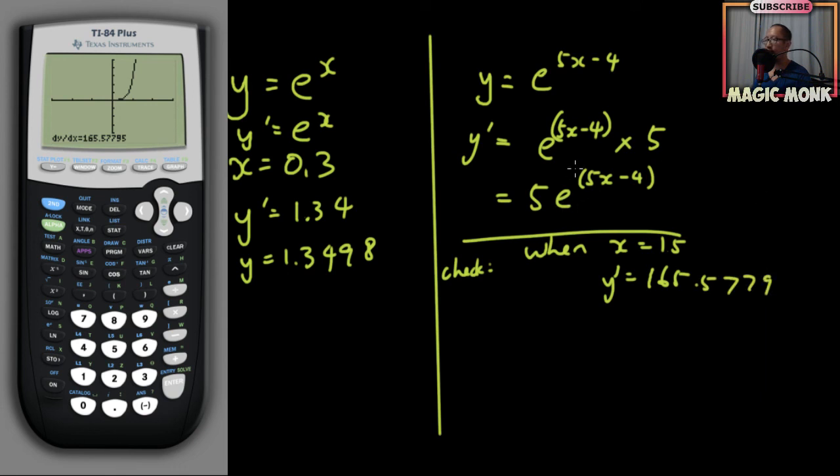Okay, now let's try typing that in. So check 5 times e to the power of 5 times 1.5 minus 4.